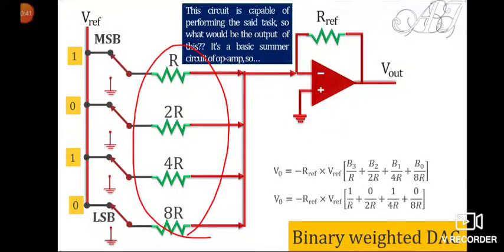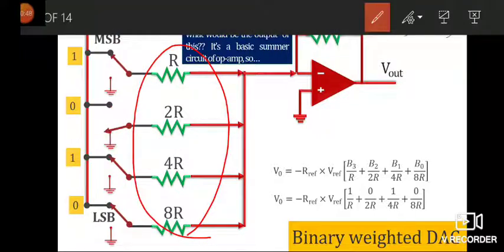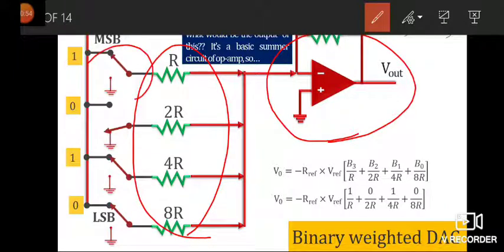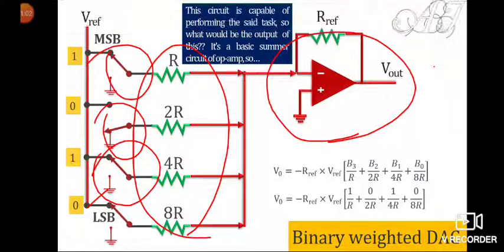Here this is your op-amp. You all are familiar with this, I hope. And these are your resistors, these are the switches. This is representing the ground level, and this is representing the voltage reference.